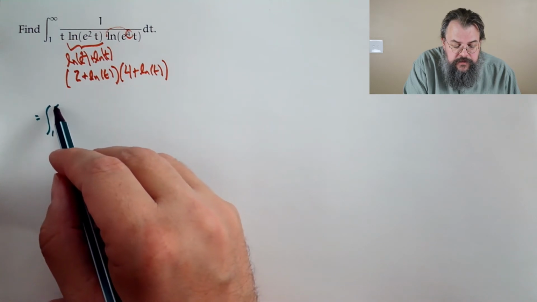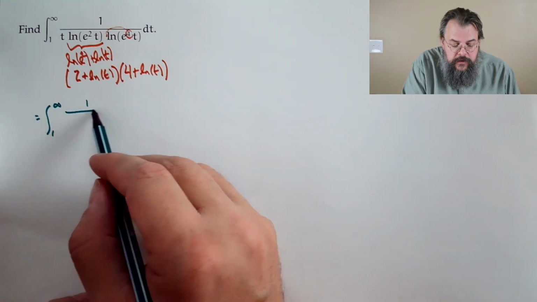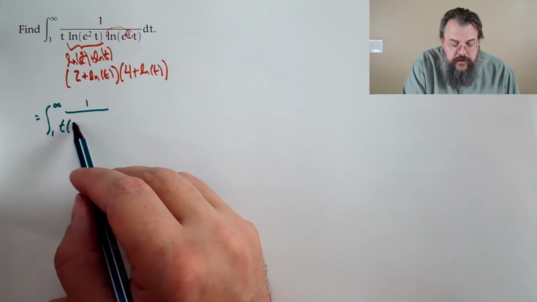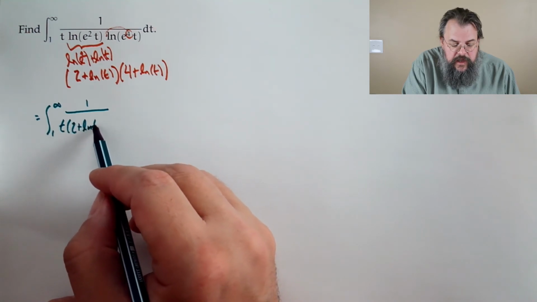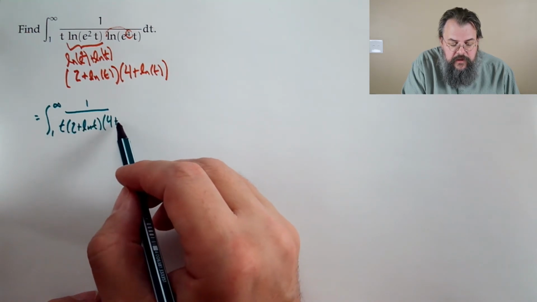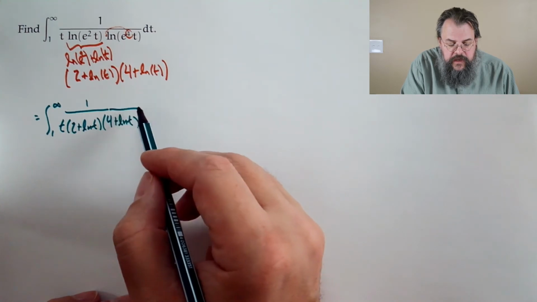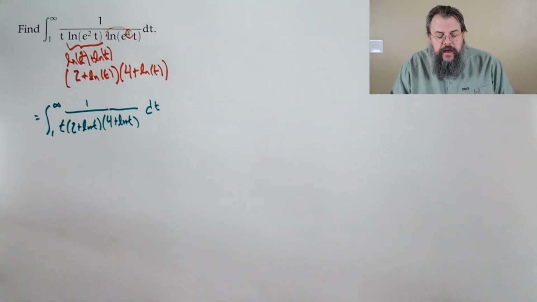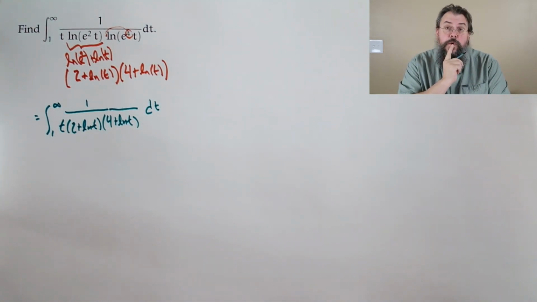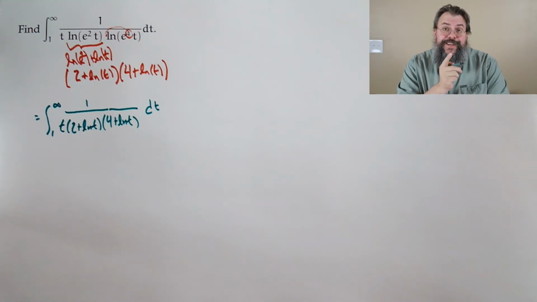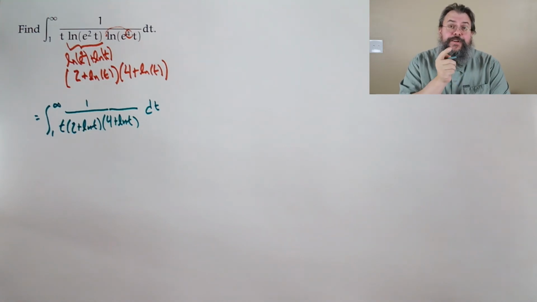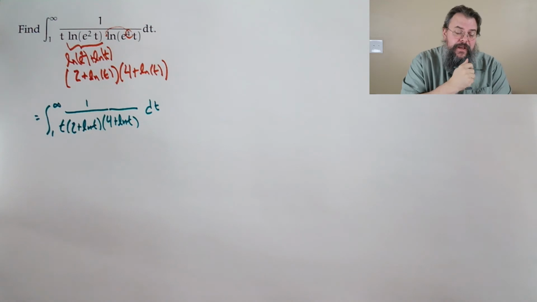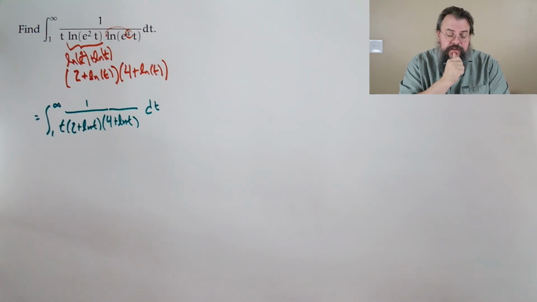So we have the integral from 1 to infinity of 1 over t, times 2 plus log t, times 4 plus log t, dt. Now, the next thing is to say, oh, log of t, we see that, and we see a 1 over t. Why is that nice to see?